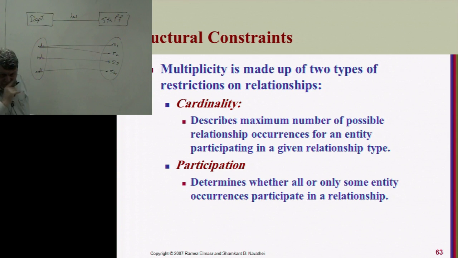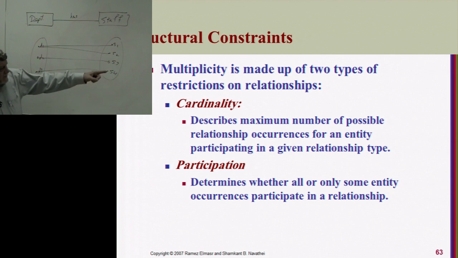I'm coming into this later on. But how many are related? When we are saying how many, we specify two numbers: the minimum number and the maximum number. The minimum number is called participation, and the maximum is called cardinality.